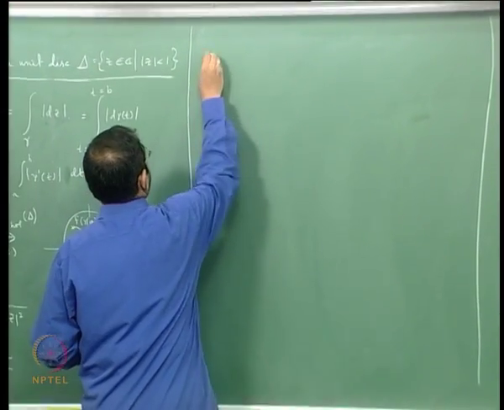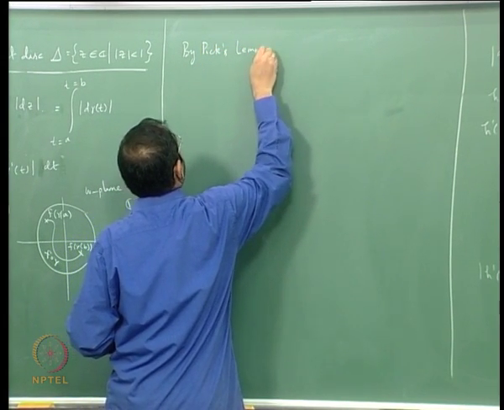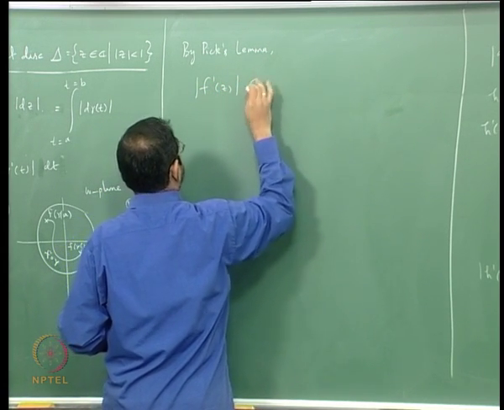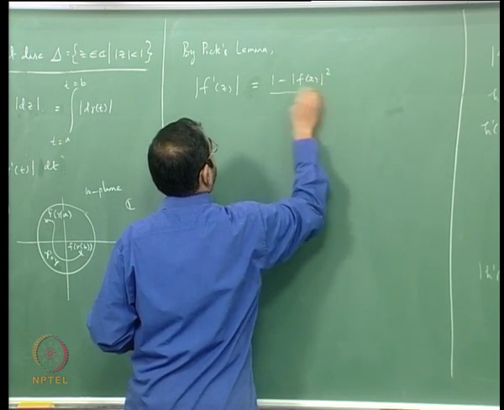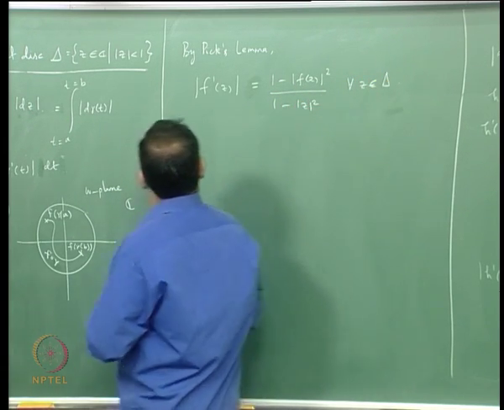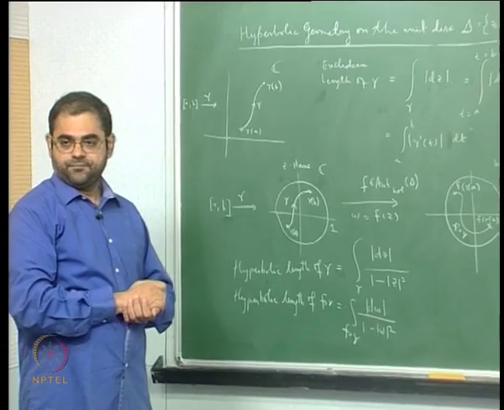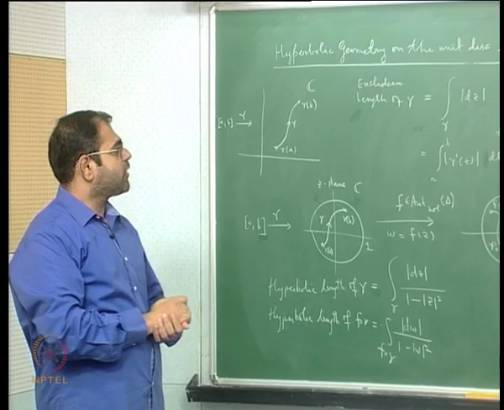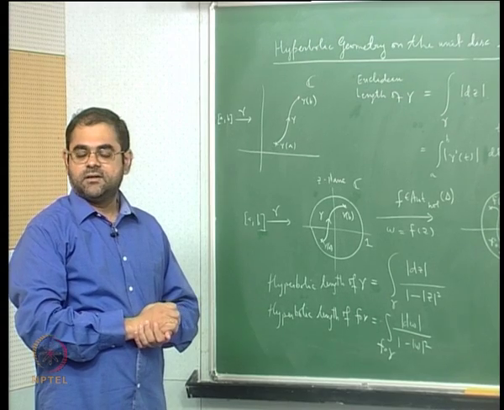By Pick's lemma, what you will get is mod f dash of z is less than or equal to 1 minus mod f(z) the whole squared by 1 minus mod z the whole squared, for all z in the unit disk. You get equality in Pick's lemma because f is an automorphism of the unit disk. The inequality of Pick's lemma becomes an equality if and only if the map f is an automorphism.